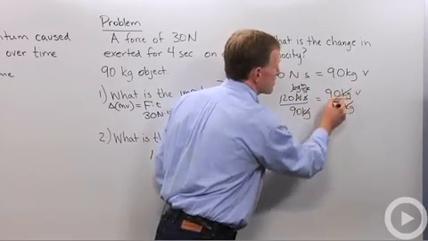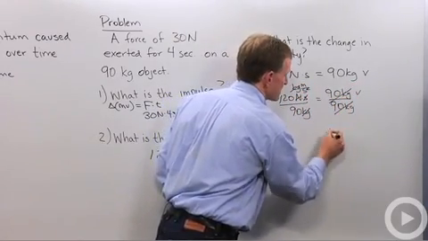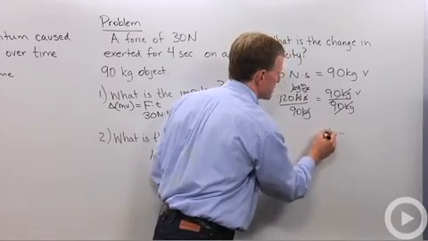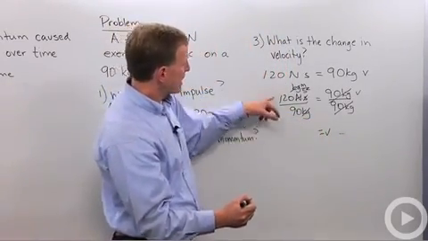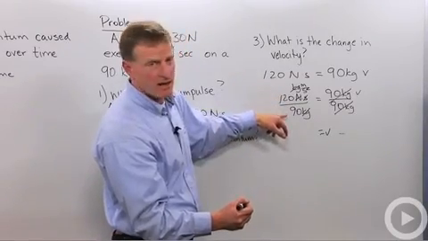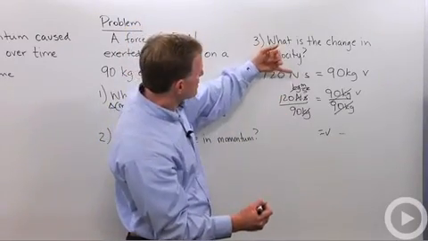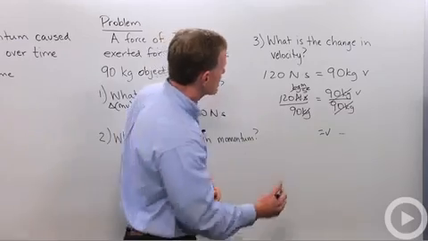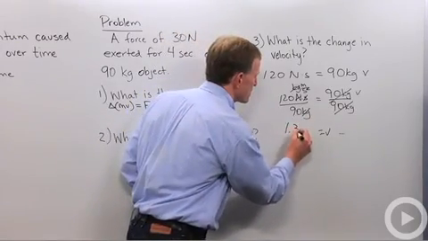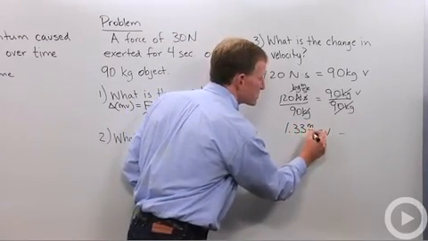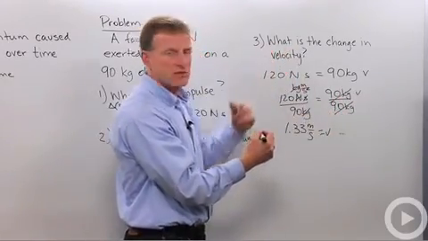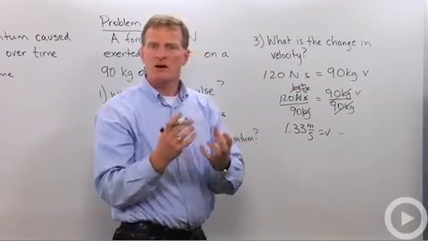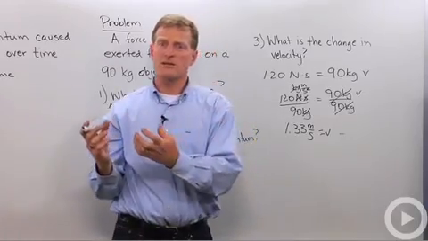I cancel out this unit completely, and my velocity equals, again, 120 divided by 90, and then the only thing I have left here is meters per second. So 1.33 meters per second. So I've calculated the velocity based on the change in momentum. And that's how we can solve problems related to impulse.